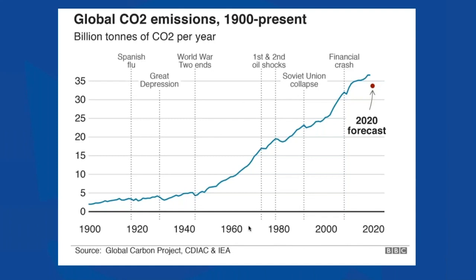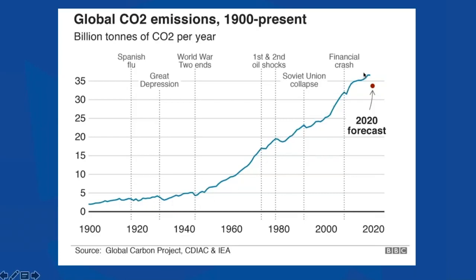Here is a graph from 1900 of carbon dioxide emissions growing over time. And because this webinar is in the middle of the COVID-19 crisis, I would just note that as much as this time seems to indicate that emissions are going to go down, you see these emissions have been growing and growing and growing through the 1910s and 20s and 40s and 60s and 80s.